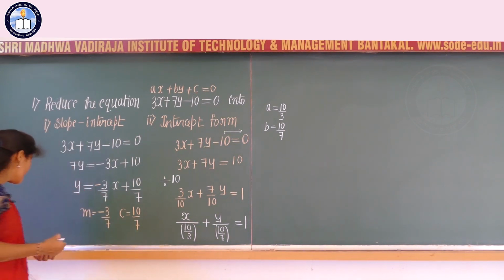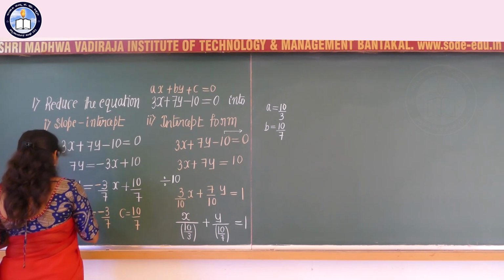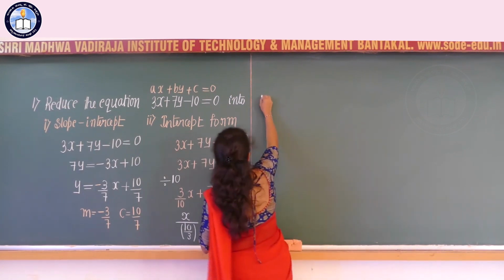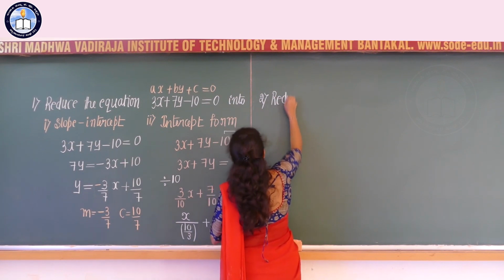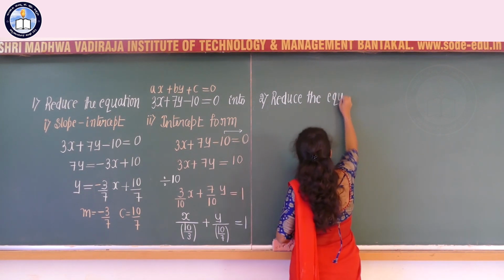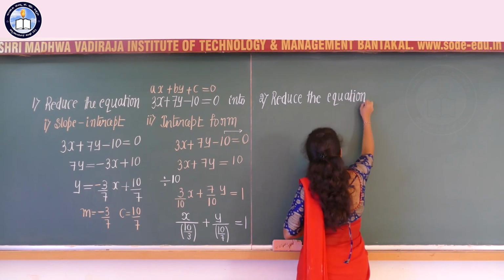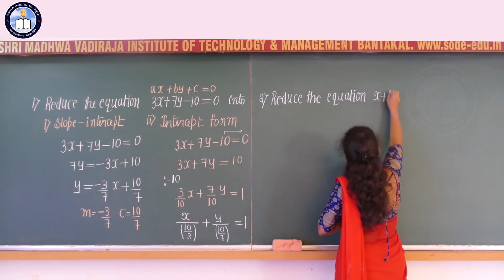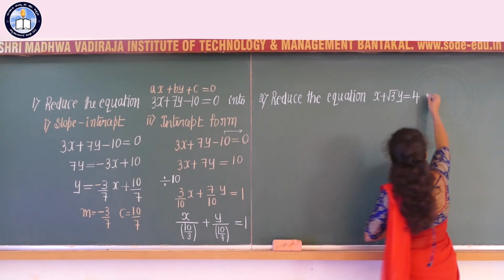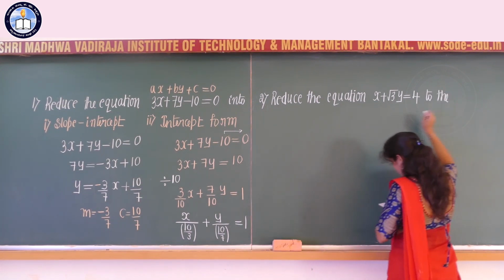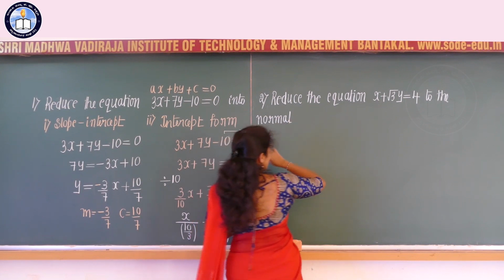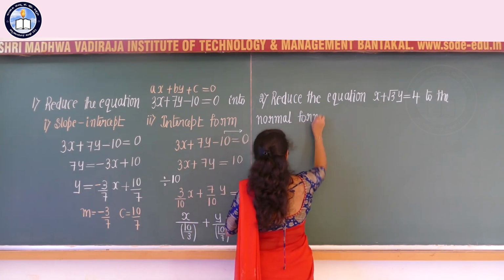So let's continue with the next question, and the next question is, reduce the equation x plus root 3 into y is equal to 4 to the normal form.